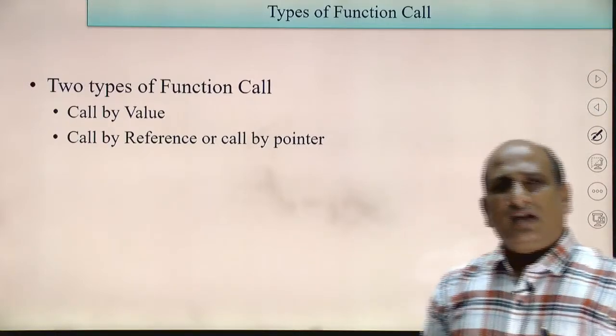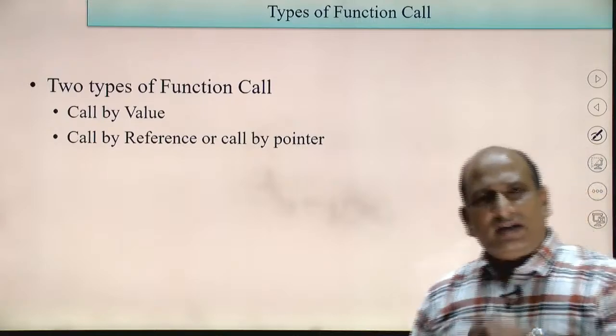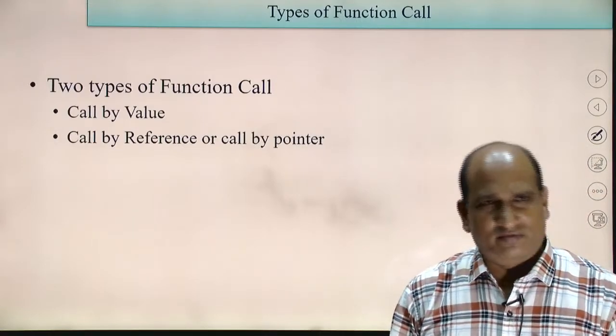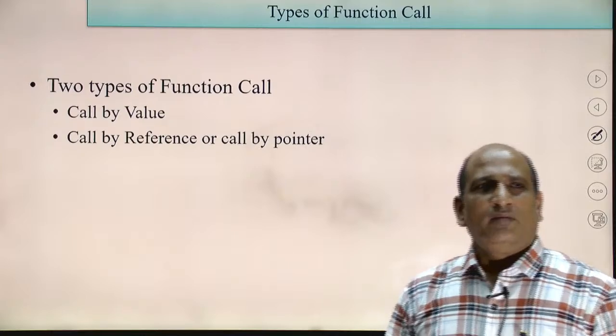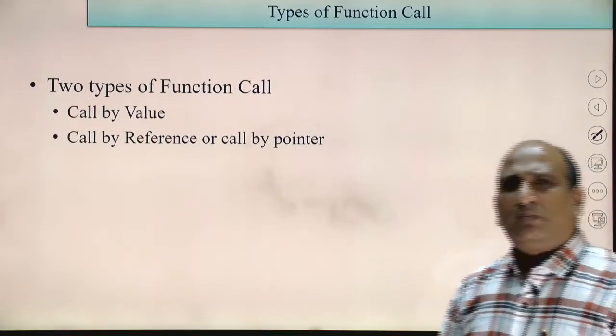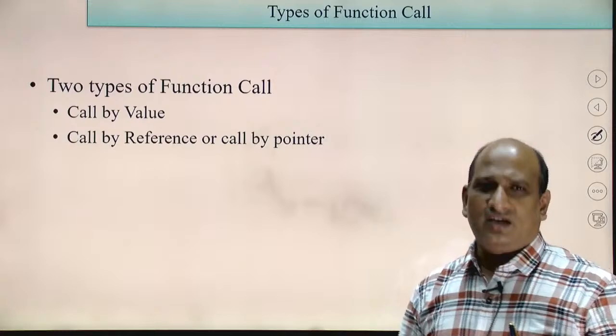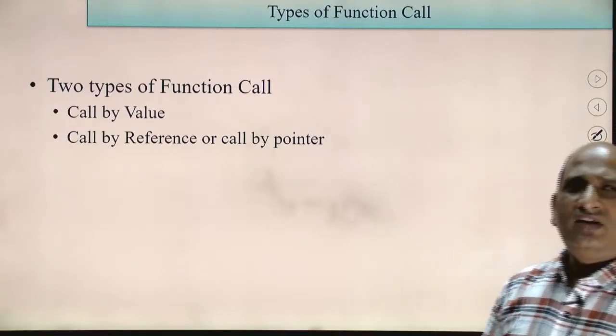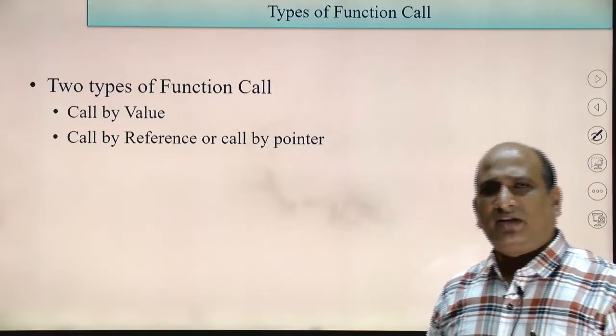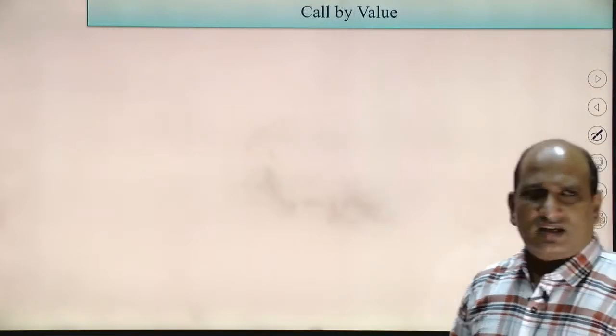That's why the external function may alter the value of the actual parameter. In call by value the actual parameter is not changed by the external function, but in call by reference the value of the actual parameter may be altered by the external function.